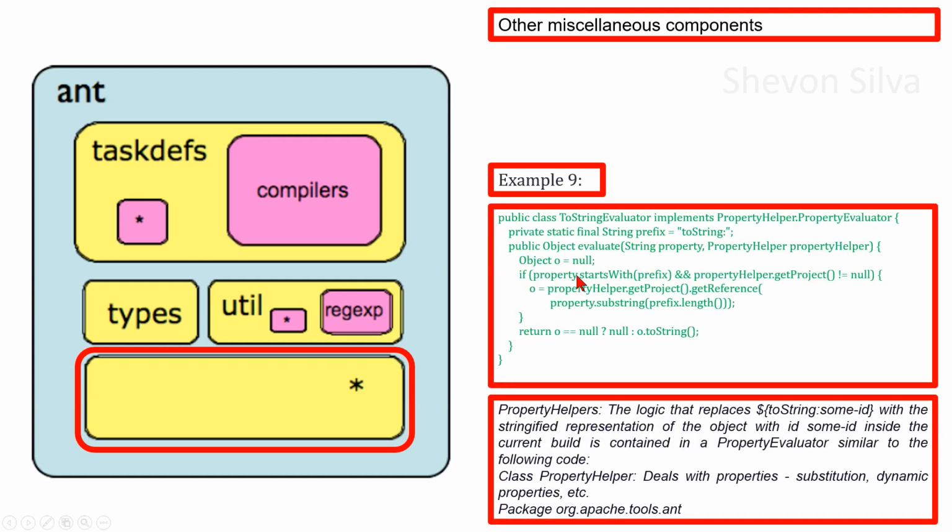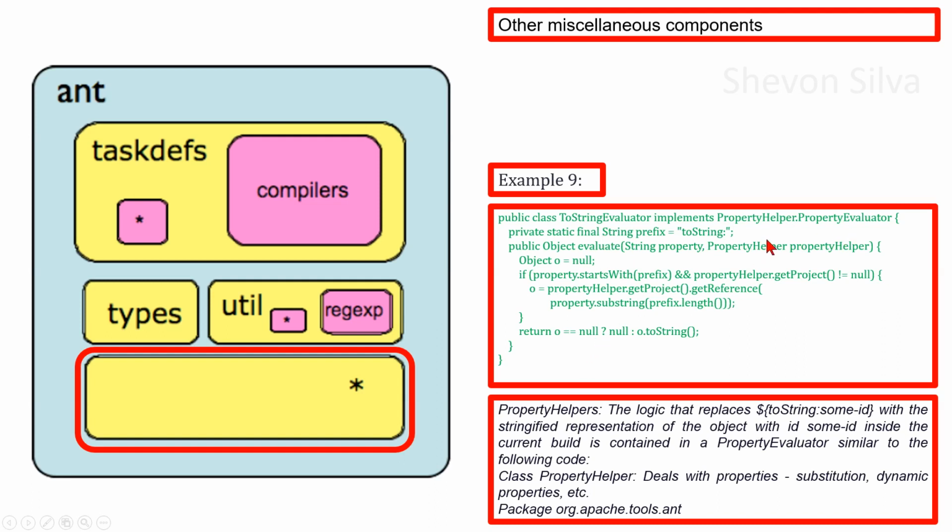Now we are considering property helpers. Here's the logic that replaces the ${toString:some-id} with the stringified representation of the object with some ID inside the current build is contained in a property evaluator similar to the following code.